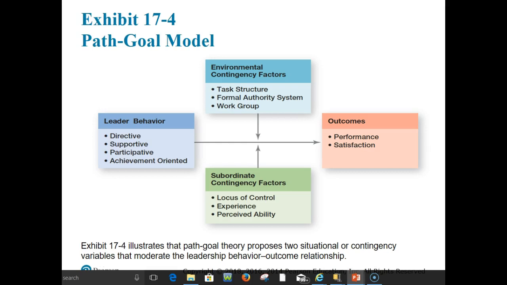Those in the environment that are outside of the control of the follower include task structure, formal authority system, and the work group, and those that are part of the personal characteristics of the follower include locus of control, experience, and perceived ability.